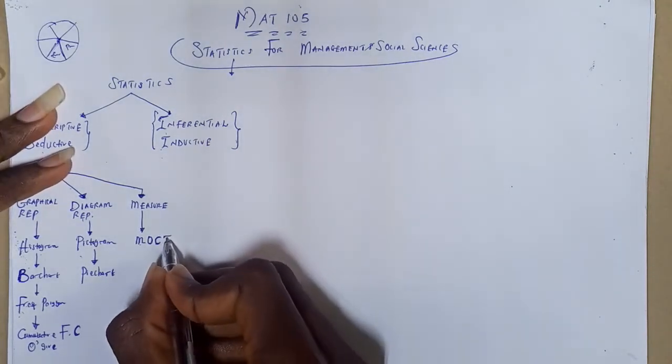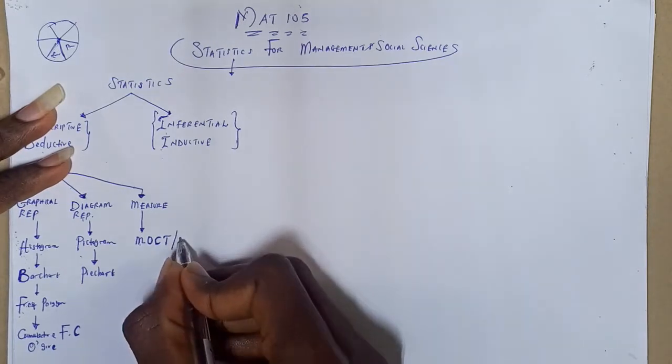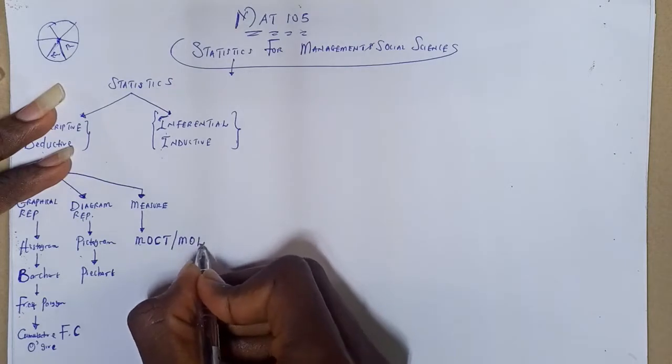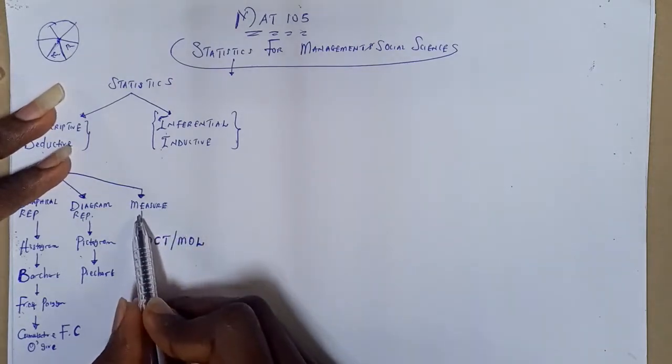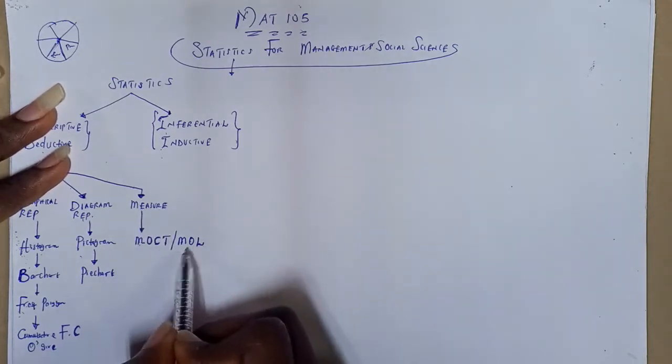Let me write it as MOCT. Measure of central tendency, or you call it the measure of location. Please take note. So the first thing you have under this measure is the measure of central tendency, or the measure of location.